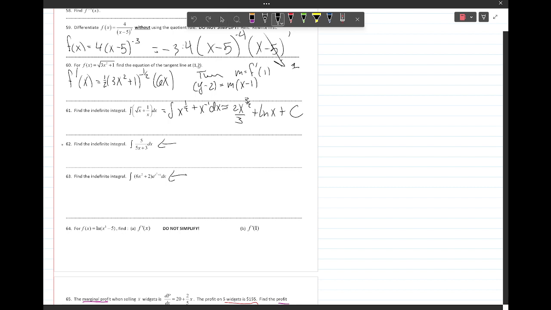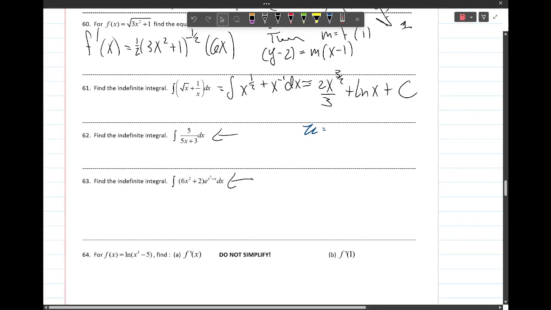Let's take a look at 62. This is a U substitution. u equals 5x plus 3, du equals 5 dx. So we can rewrite this as 1 over u du.